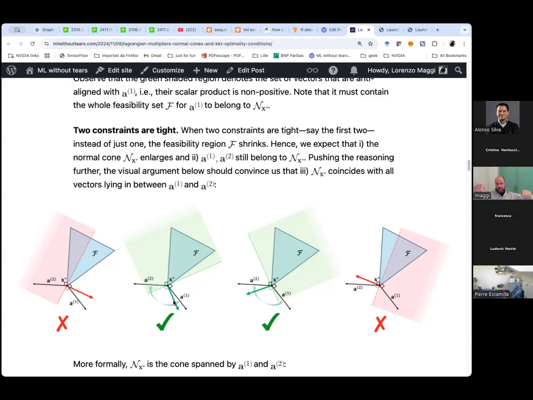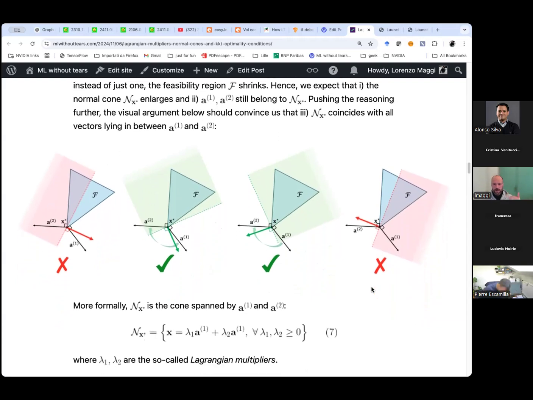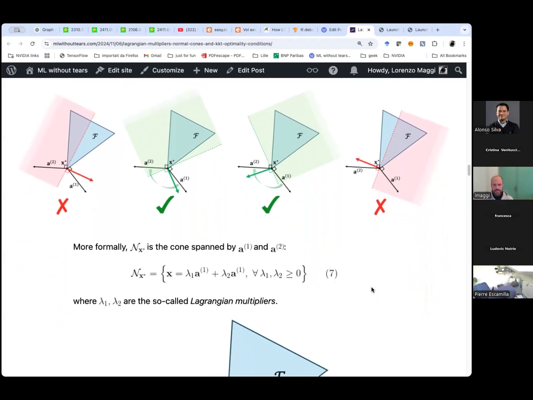If you rotate this vector up to here, same thing, it's still inside. As soon as you get outside this region between A1 and A2, then you're not good, because F is not contained in it.